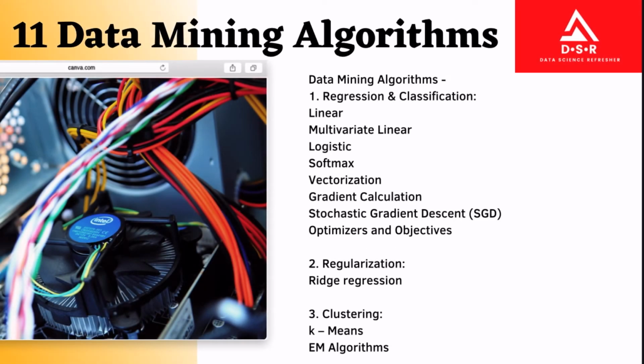11 data mining algorithms. Now this is important, it is just for your reference to keep in your mind. Data mining algorithms are of various types. The first one is regression and classification.